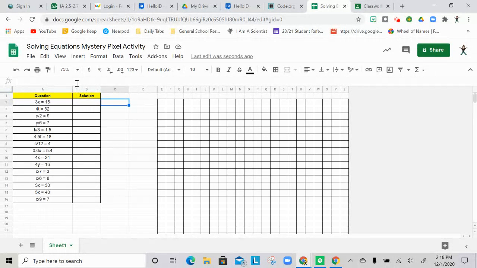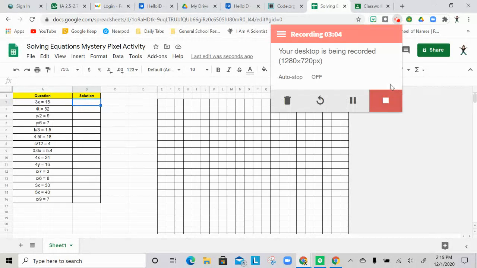You're going to show your work on a scratch sheet of paper, and you'll turn in a picture of that work at the end. But on this spreadsheet, all you're doing is just putting your solution in this column and looking to see if the pixels show up in the picture and if your solution gets colored in. If your solution gets colored in and pixels get filled in on the right-hand side, it means that's the correct answer.